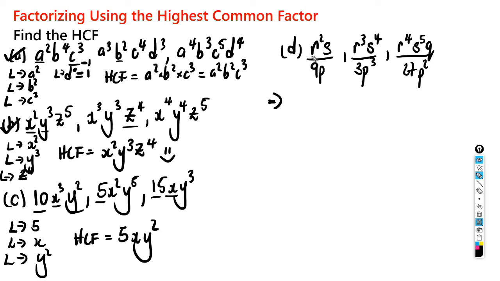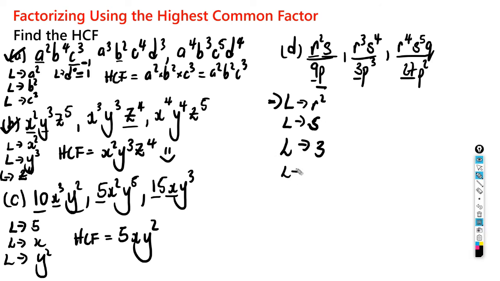All right, so we'll have this last one here. We're going to do the same thing. We're going to look at r, and we're going to find the lowest one for r. And we can clearly see it's r squared. Then we're going to find the lowest one for s. And we can clearly see it's just s, right? S to the 4, S to the 5, and just s. And then we're going to find the lowest for the numbers it's being divided by. And we can clearly see the lowest number out of these three numbers is 3. And we're going to find the lowest among the p's. And the lowest among the p's is actually p, right?